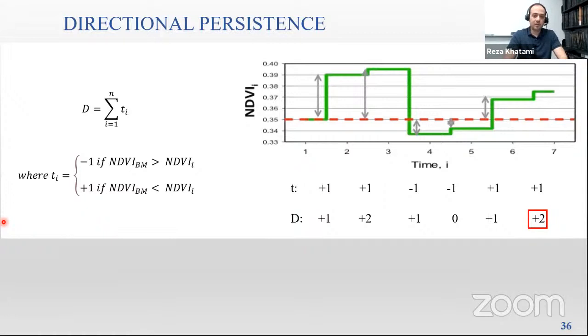The baseline value can come from one or several years of observations, and then after establishing the mean NDVI for the baseline, for the subsequent years, the mean annual NDVI is compared with the baseline, and the t variable can have values of +1 or -1 depending on if the observed NDVI for a given year is higher than the baseline or less than the baseline. Then the directional persistence can be calculated as the aggregation of all t values over time.